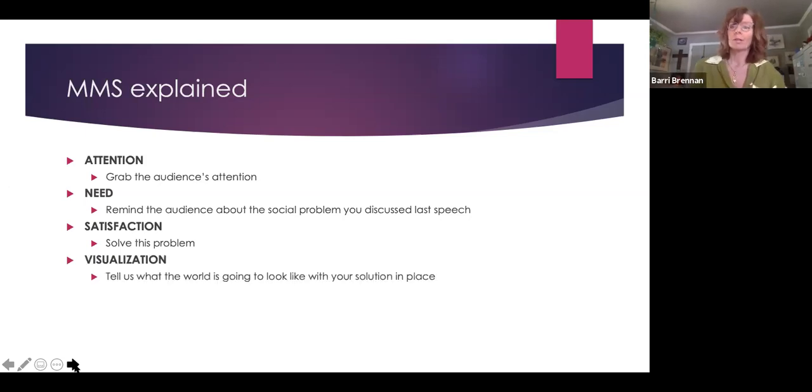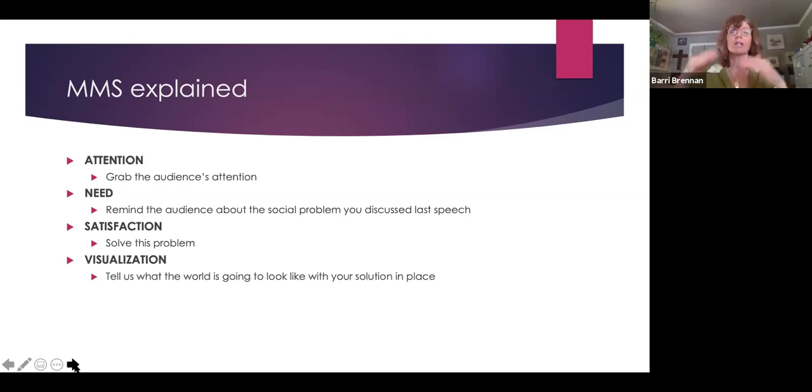Visualization. This is a step that students often forget, and it's really important. In fact, it is the selling point of the speech. If we can imagine something happening, think about every kind of innovation we've had, someone imagined it before. They imagined the innovation and what it would do.